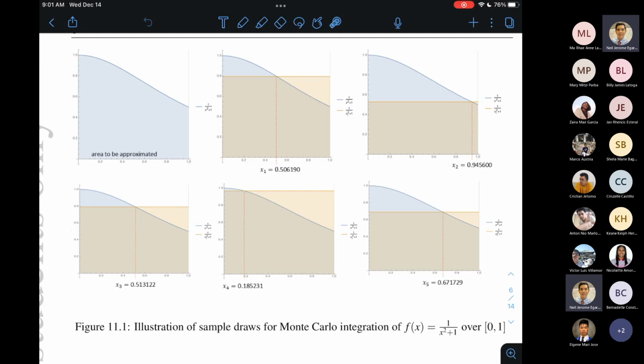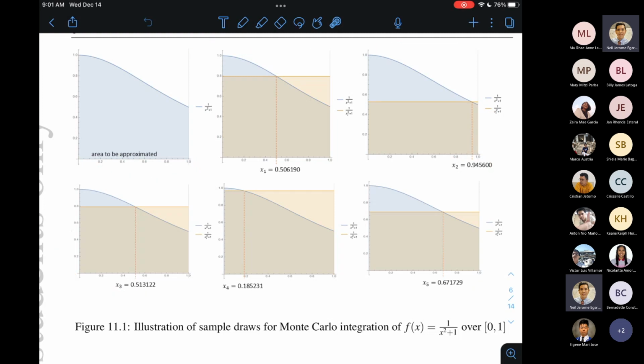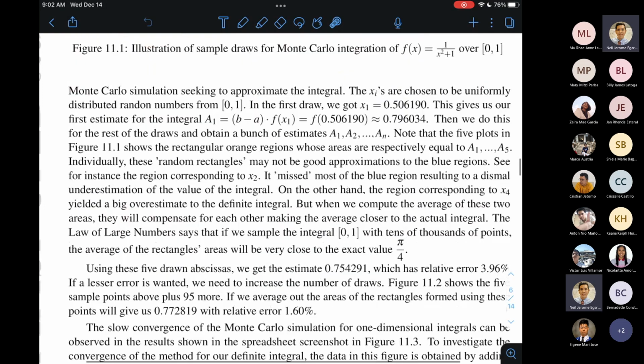So basically, it seems that the estimates from the rectangles in x4 and x2 really compensate each other. So what I'll do now is I will get these estimates that we got, take their average, and I will report that average to be my estimate using the Monte Carlo simulation, right? So, yun yung ginawa rito.